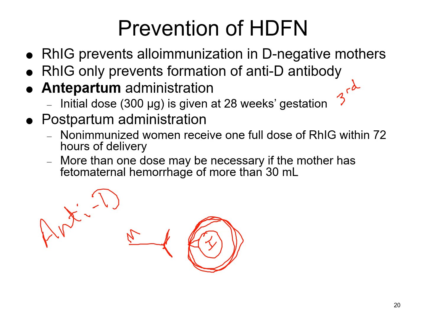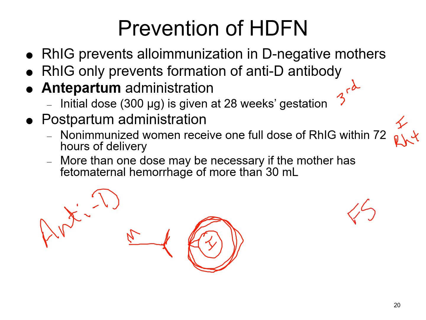Also postpartum administration. So after that infant is born, if you do that cord blood testing and we determine that the infant is Rh positive, then what we'll do is actually give mom a dose of that RhoGAM. Of course, there is some testing that takes place. Like we said, you got that fetal screen.